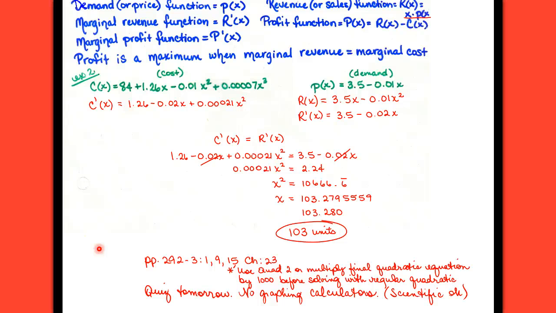And if you use the regular quadratic program on your calculator, it will not give you the right answer because it literally does not have enough space to put in that tiny of a decimal. So we have a second program called Quad 2 that you may have linked from me that was built specifically for this if you have a really teeny tiny little decimal. So you could use Quad 2.